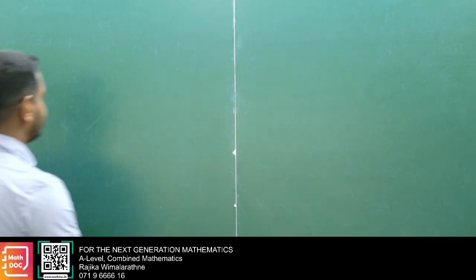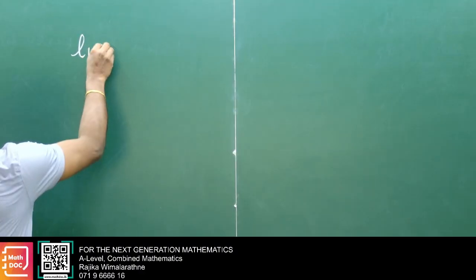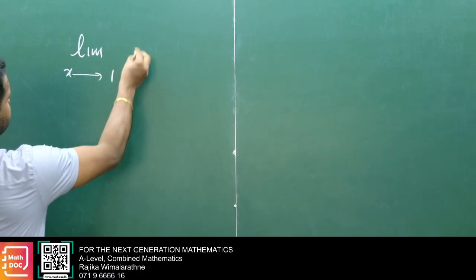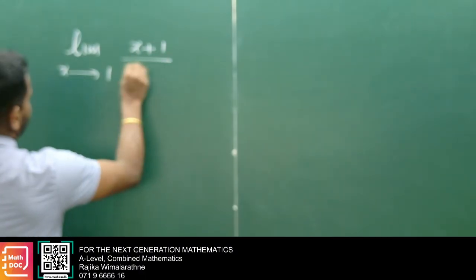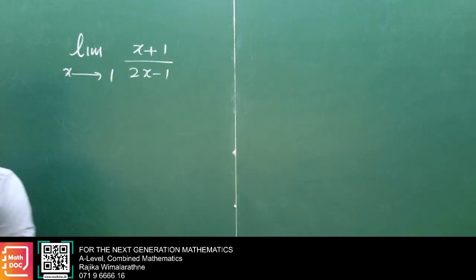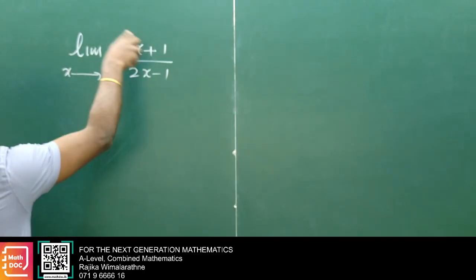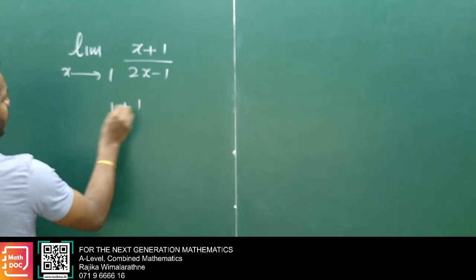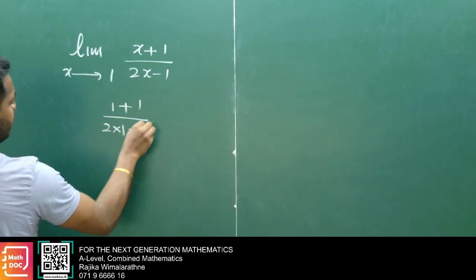See the example: limit as x goes to 1 of (x plus 1) over (2x minus 1). Here we substitute the x limit into the function: 1 plus 1 over 2 times 1 minus 1.